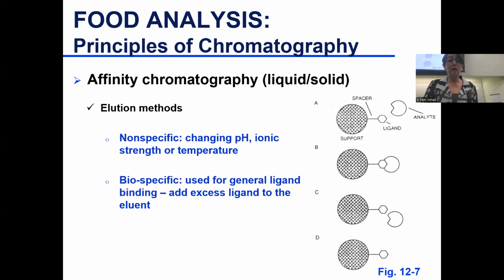No, not necessarily. In non-specific elution, if you have a lot of hydrogen bonding interaction, you can change the temperature, you can break those hydrogen bonding interactions. So whatever the interactions, of course, you need to know your analytes and you need to understand your stationary phase.